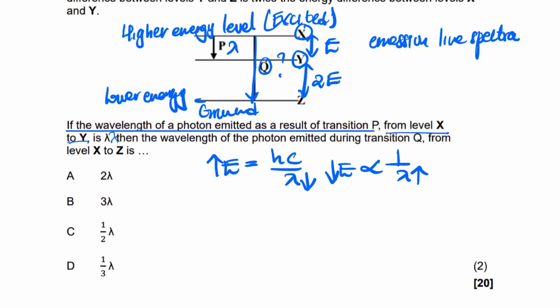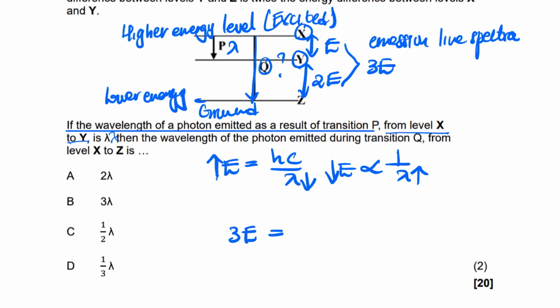So guys, from transitioning from the higher energy level to the lower energy level, the energy difference is 3, because it's these two, it's going to be 3E. So that means the energy has gone up by 3 times.